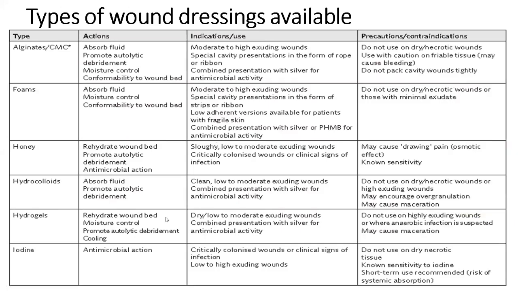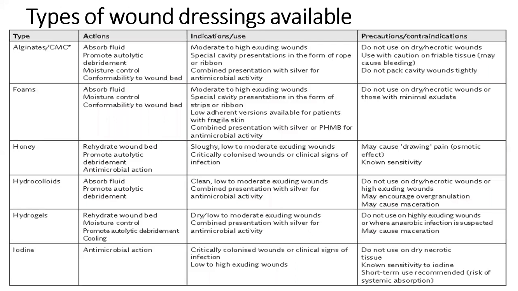Then the other thing is the foam dressings. Foam dressings absorb fluid, they do a little bit of moisture control, they take it and give it back, and they conform to the wound bed. That means you can bend it and keep it, and they put a little bit of plaster, and that can be a good primary as well as secondary dressing, usually incorporated in the foam dressing.